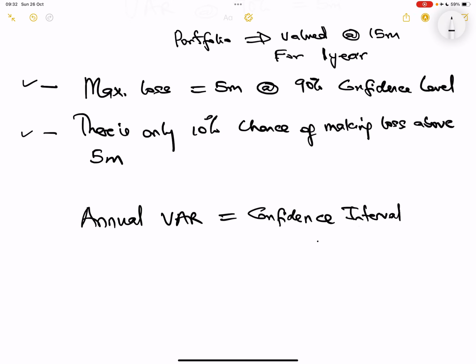This confidence interval value will be given. It's a value similar to a Z-score that you have to pick from a table under the confidence level. But this time around, you won't have to pick it yourself. The exam will have stated it for you.